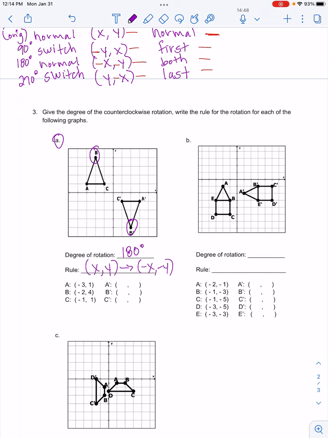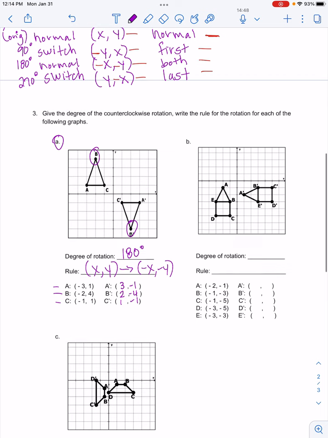So when we're looking at our original A, B, and C, to get our A prime, B prime, C prime, we are going to change the X value to the opposite and the Y value to the opposite. So I'm simply going to make -3 opposite and 1 opposite. Opposite, opposite, opposite, opposite. That's how you do a 180-degree rotation.